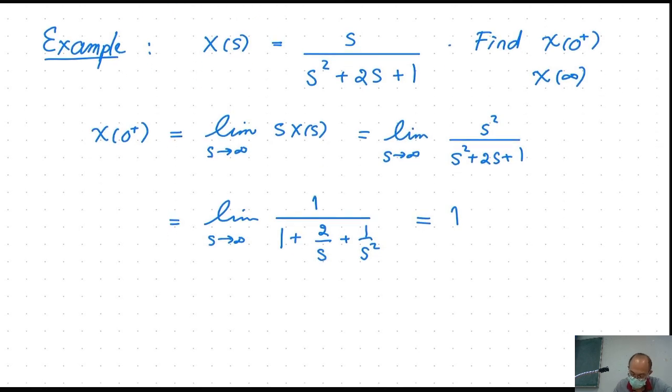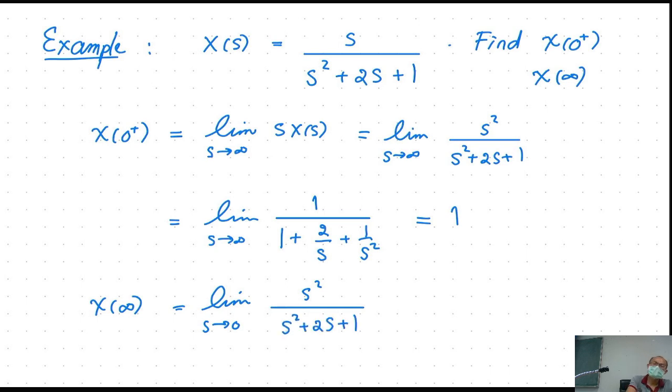Now, as for the final value, it is s squared over s squared plus 2s plus 1. You see, the numerator goes to 0, while the denominator goes to 1. So the limit of this is 0.